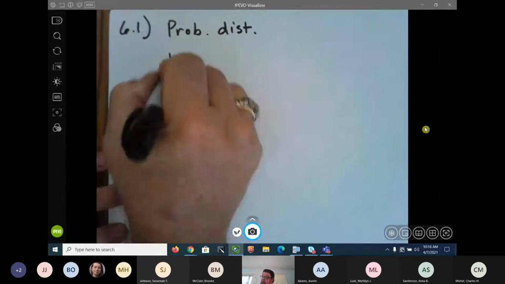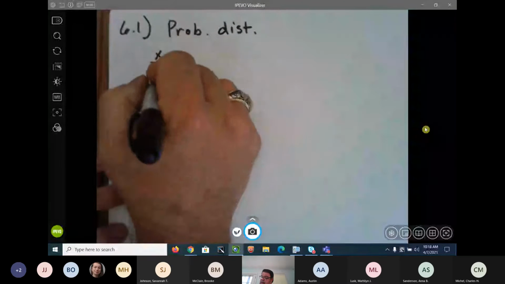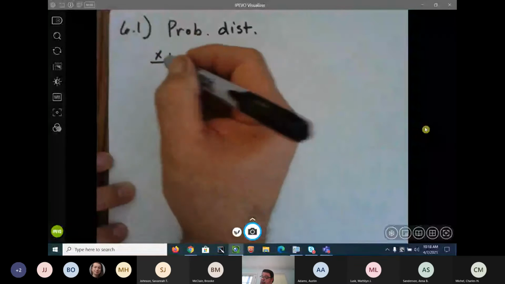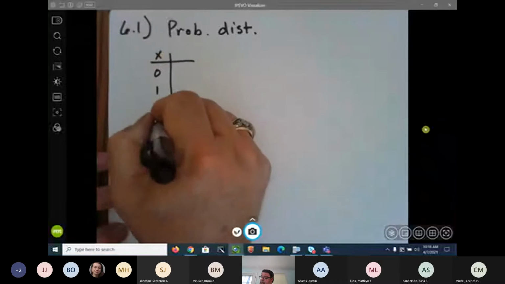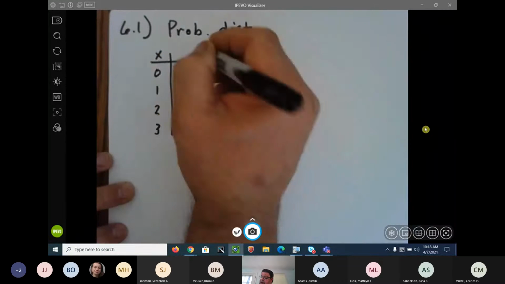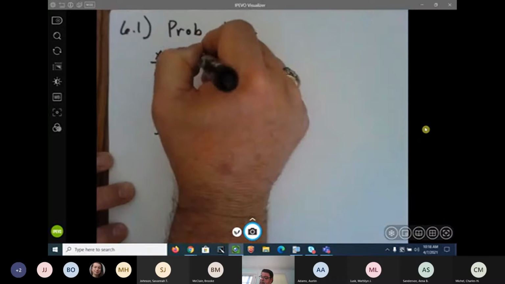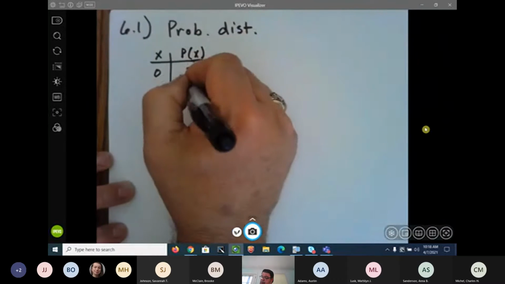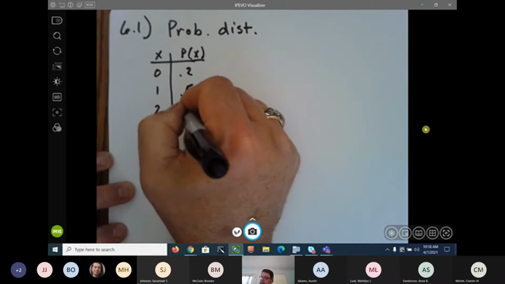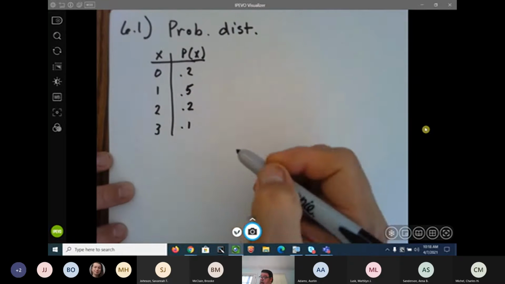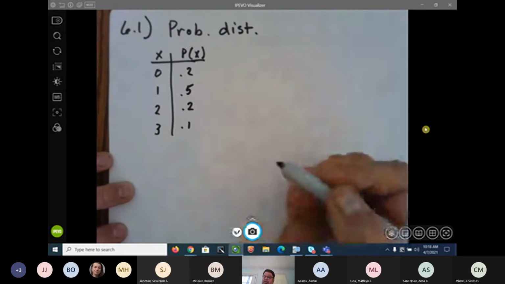The left-hand side was the event, which is always whole numbers, and the probability of that event happening: 0.2, 0.5, 0.2, 0.1. And we learned that there were two tests.